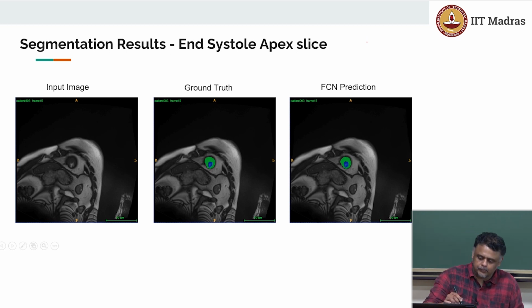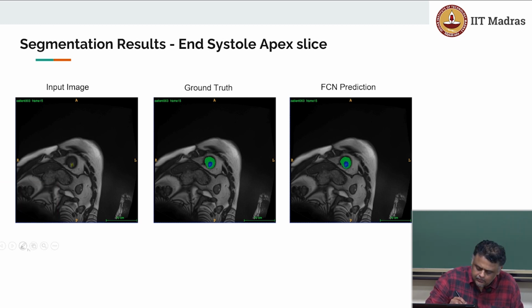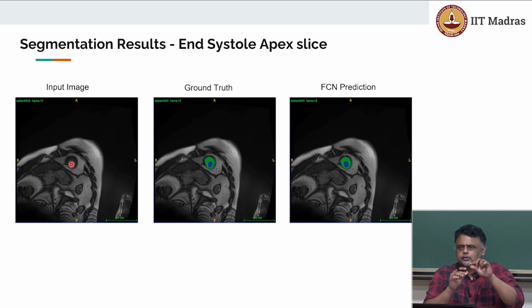I don't know whether you're able to appreciate this, but it's not very visible here in the input image. The compartment has become very small, so basically you're at the piece where you don't have too much blood in it.